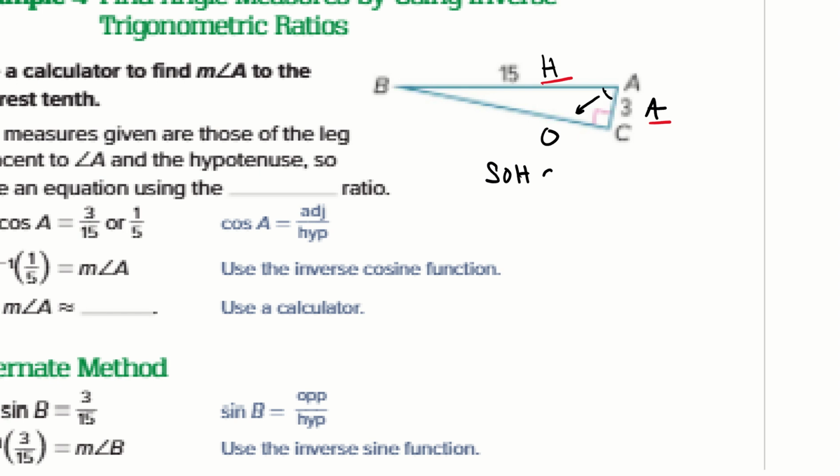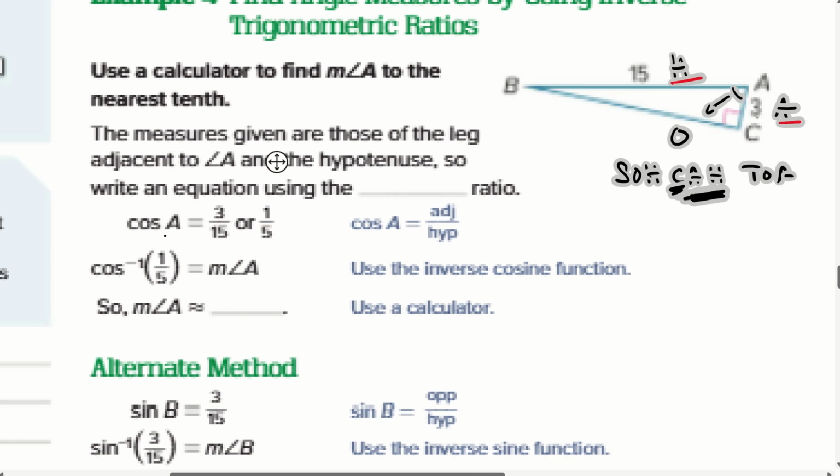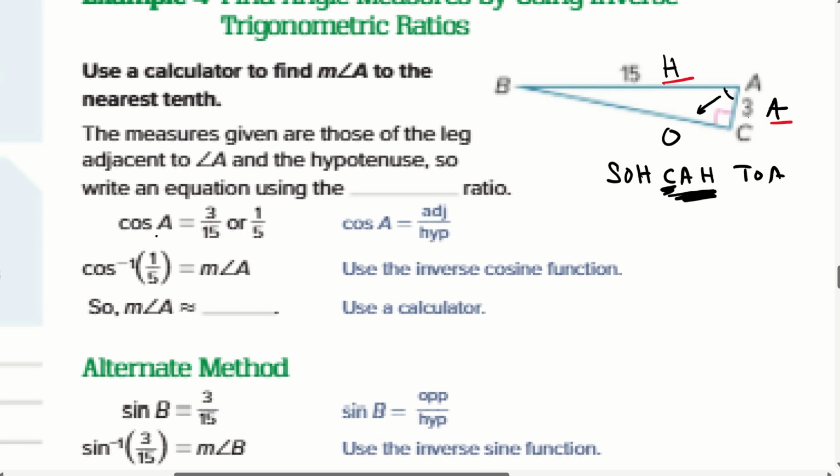Well, remember SOH CAH TOA, the CAH: cosine. So we're looking at a cosine. We're going to say cosine of A is 3 over 15. So that's how they set that up. Cosine of A is 3 over 15, which is the same thing as 1/5.